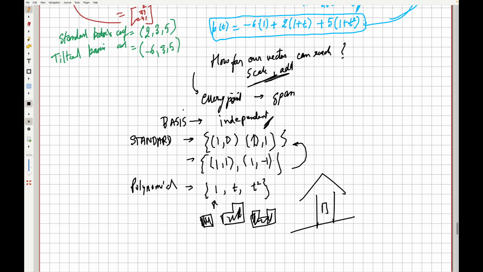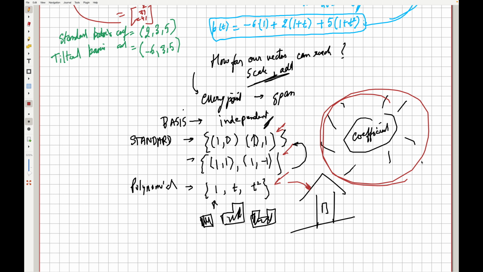What matters are the coefficients. Each of these building blocks, either this one or this one or this one, can create the house that we are looking for. The only difference is that each of these is going to have a completely different set of coefficients when we put them together.